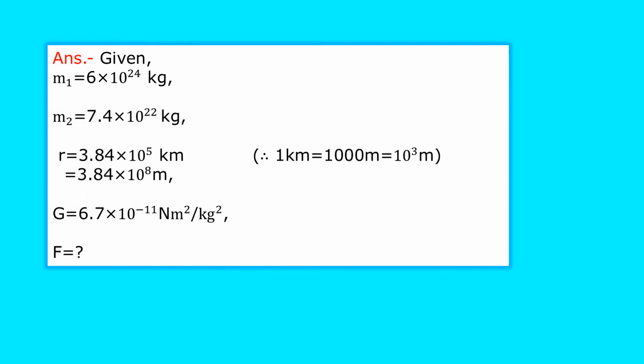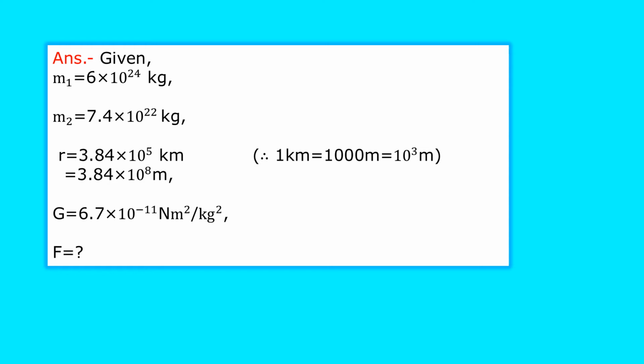Now let us write the given things. M1, that is the mass of the earth, is 6 into 10 raised to 24 kilogram. M2 is the mass of the moon, that is 7.4 into 10 raised to 22 kilogram. The distance is given, r is equal to 3.84 into 10 raised to 5 kilometer. This kilometer we have to convert into meter, children. We know 1 kilometer is equal to 1000 meter, that is equal to 10 raised to 3 meter.